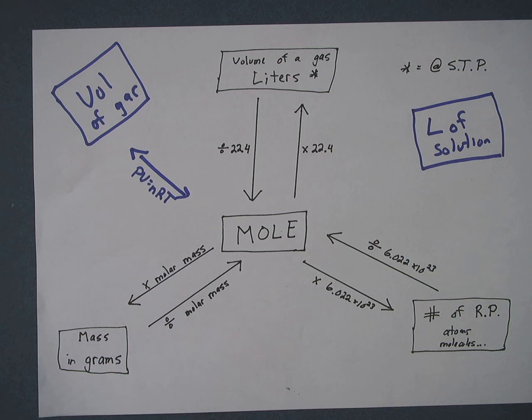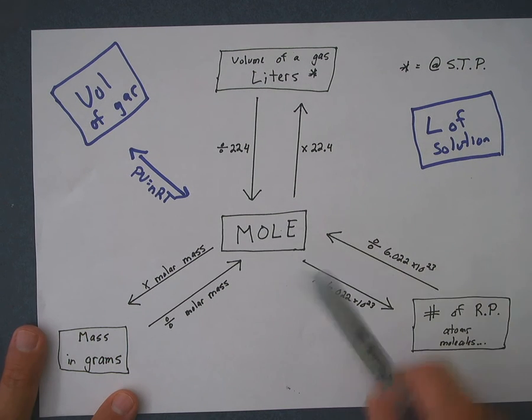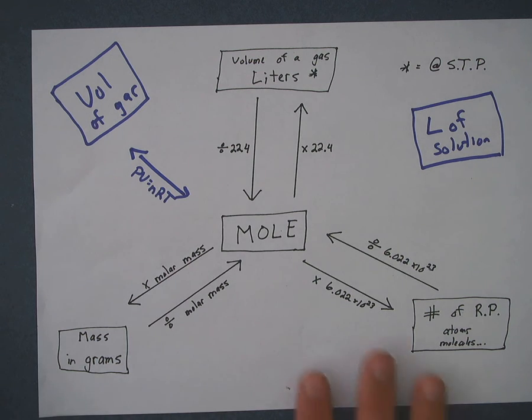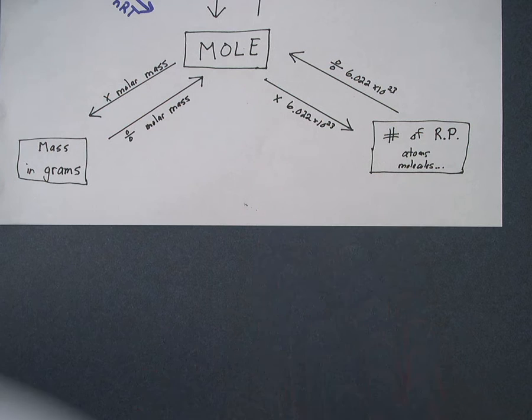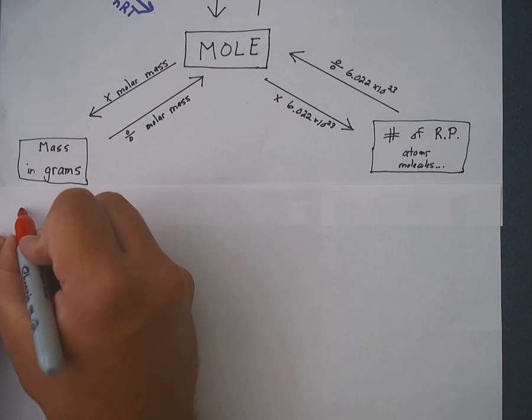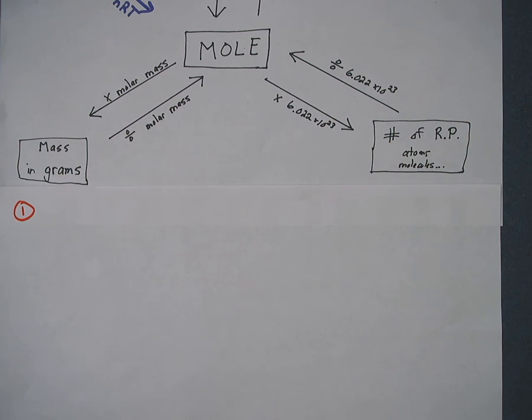Okay, so this road of the map here, between moles and number of particles, we use Avogadro's number to count these. So if you had a practice problem where we wanted to convert between number of particles and moles, we would do this. We always start with this, but it's not maybe the best policy because it's not a very used form, for instance.